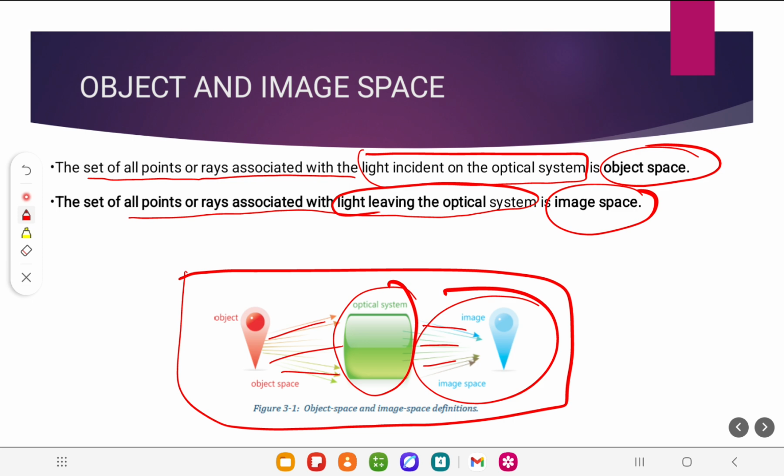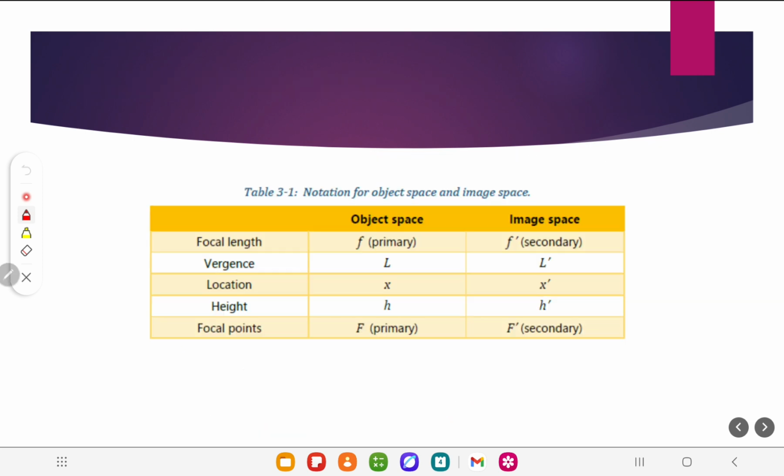According to object space and image space, we can also talk about this slide. You must understand the notation for the object and image spaces. In object space, you don't use a dash, but in image space, you always use a dash. For object space, the focal length is just f.